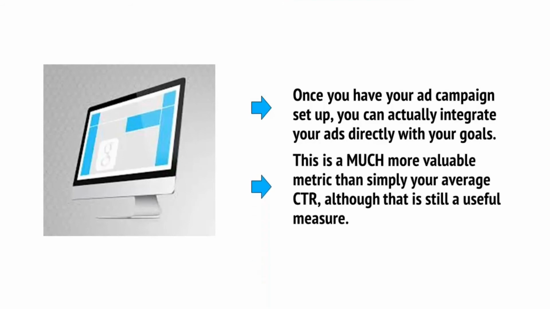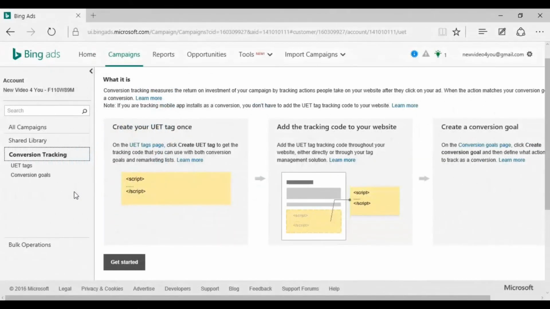This is a much more valuable metric than simply your average CTR, your click through rates, although that is still a useful measure. To set up goals, go to your campaigns and then click Shared Library and then Conversion Tracking.